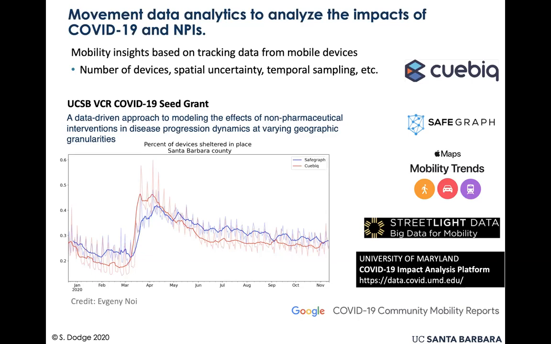So we've been lucky in terms of data these days. It was very difficult before to find data sets on movement, especially aggregate movement of people throughout cities.